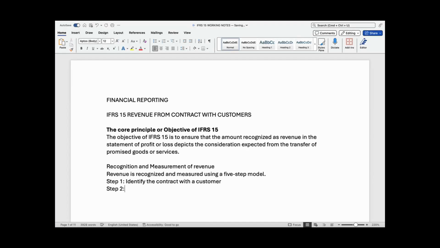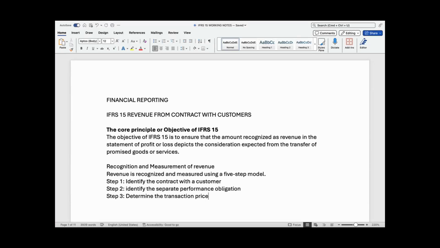Step 2 talks about identify the separate performance obligation. Step 3 talks about determine the transaction price.